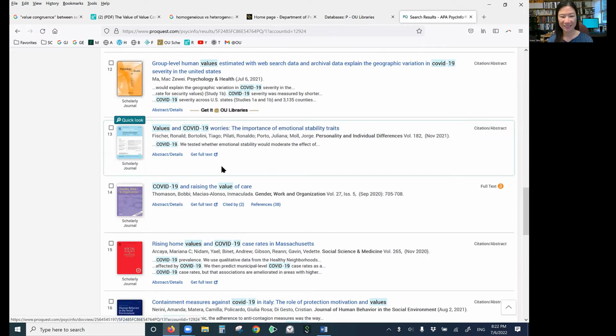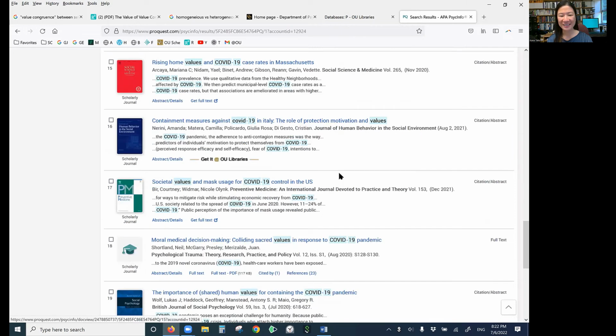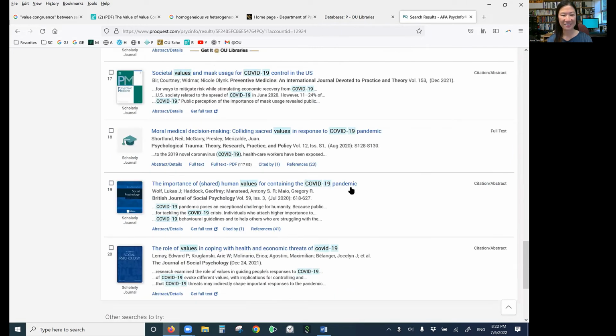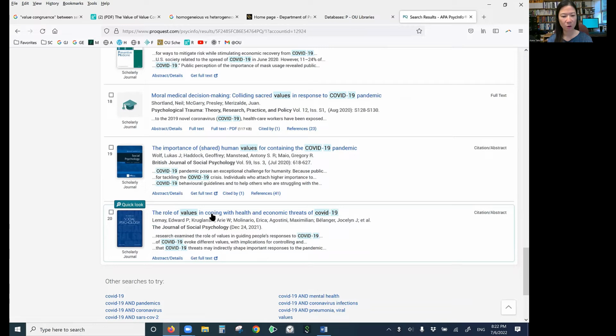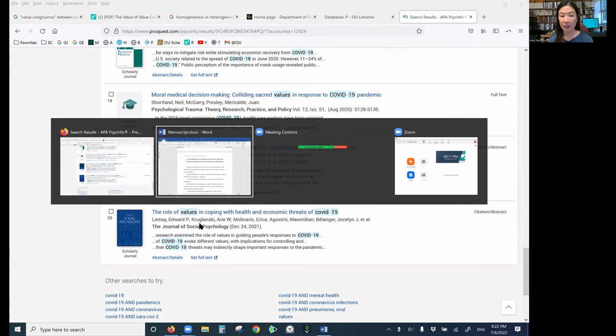I wish I could just click now. Some of the journals are not open access. So when I was recording, probably not a good idea to open everything. But there are a lot of interesting journals here, like the role of values in coping with the health economic threats. So those are good. So at least I can use that.